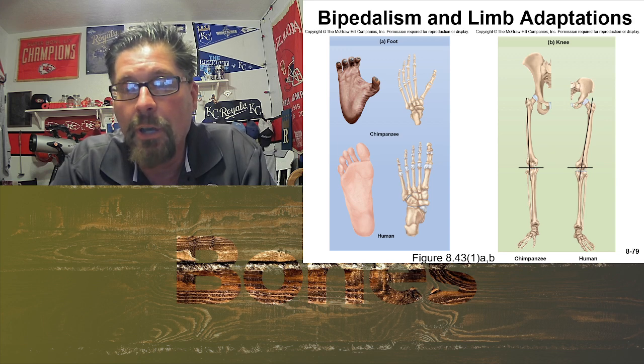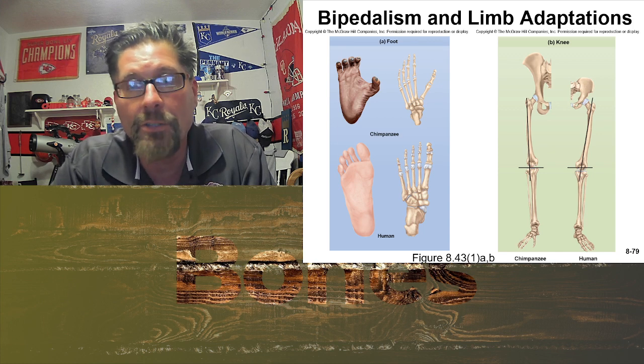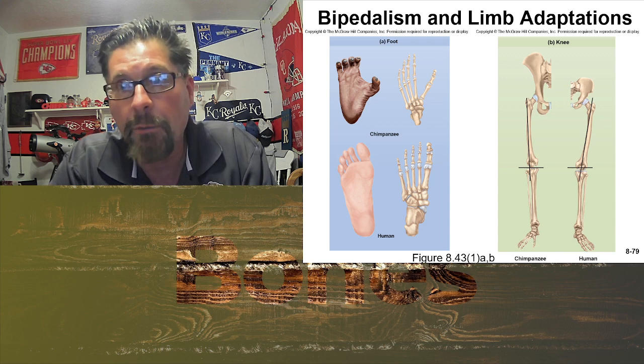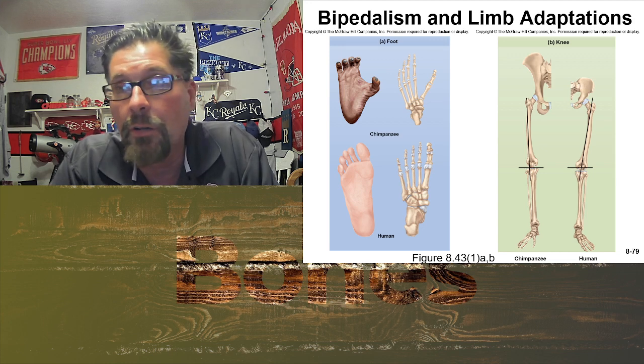You can see the structure is the same, as far as the sole and the phalanges and everything, but there's just that one little adaptation of having that bend in what we would call the big toe, being able to make it more into a thumb, which is really a reference to what it is.